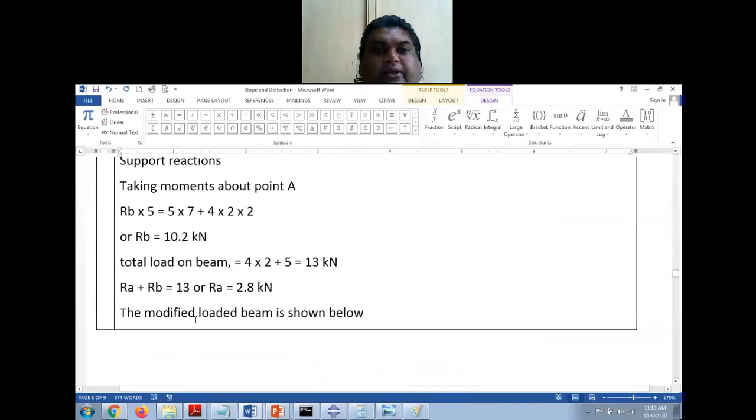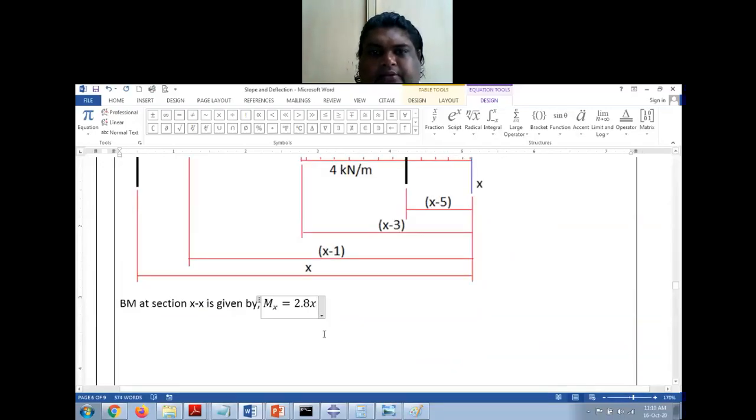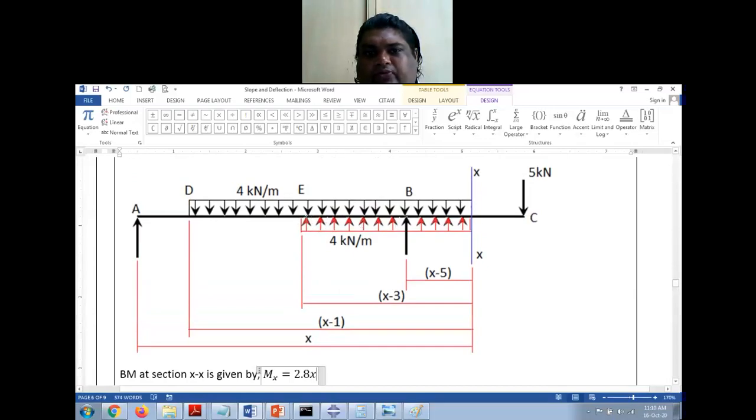So RA value is 2.8, it will be 2.8 x. Then what else is upward? There is one more upward force here. This is 4 kilonewton per meter, or I will take this now. So this is downward, so this will be minus 4 into this length, which is x minus 1. So x minus 1, and it is acting at a distance of x minus 1 by 2, right, somewhere here.